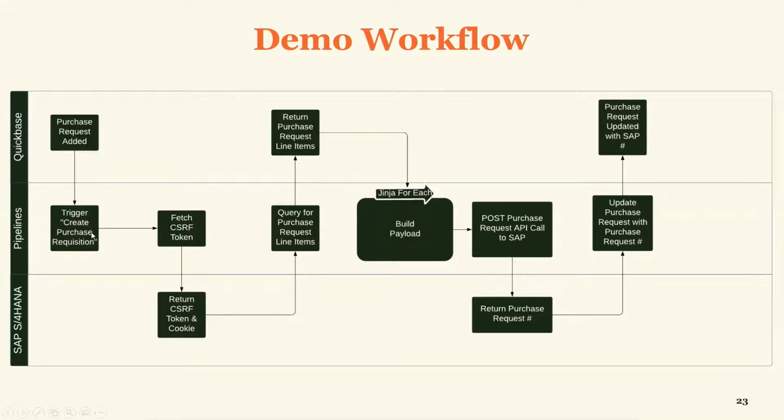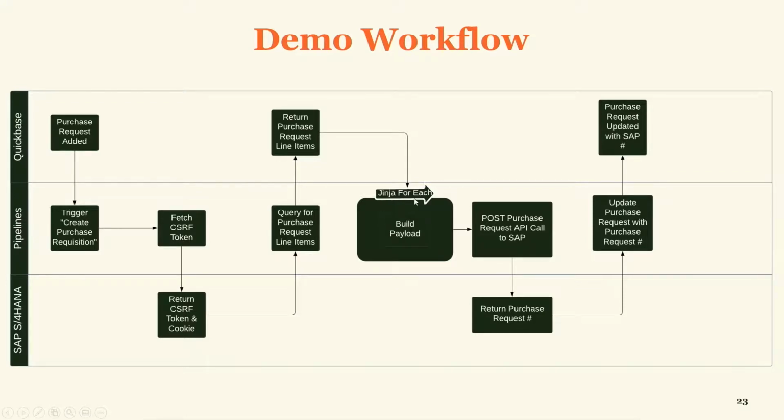Pipelines will trigger, and Pipelines is going to take care of a lot of orchestration. First is requesting a token from SAP and a session handle, which gives us permission to continuously update SAP objects securely. Once we have that token, we're going to grab the line items from Quickbase that we configure in the purchase request.